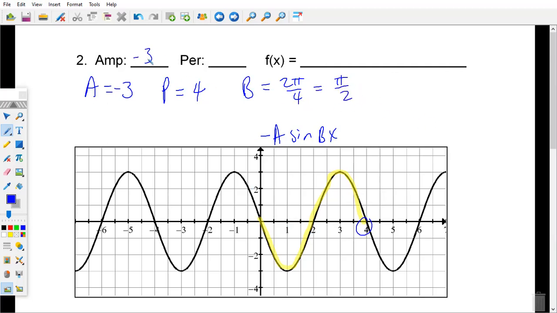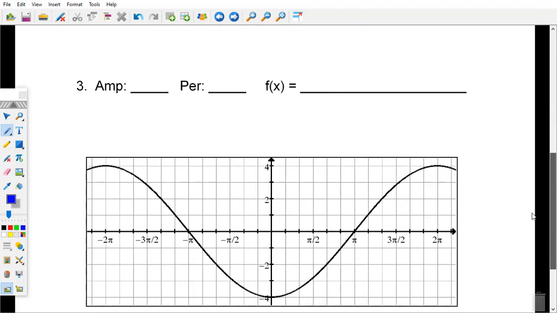So then you should have had negative 3, sine of pi over 2x. Doable? Okay. All right.